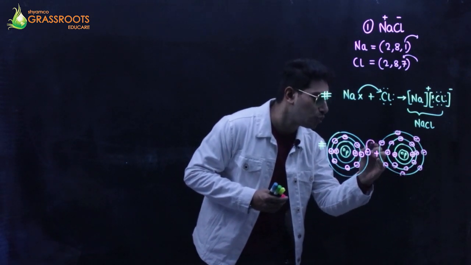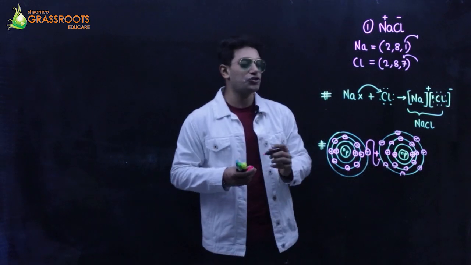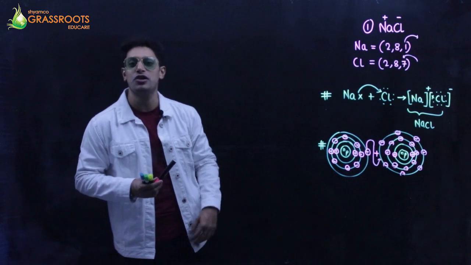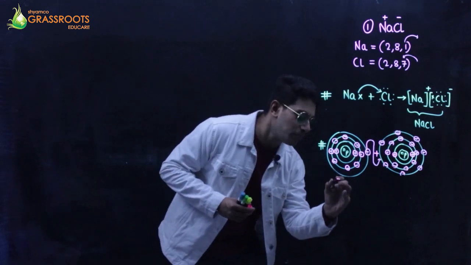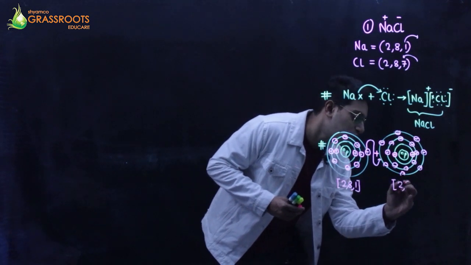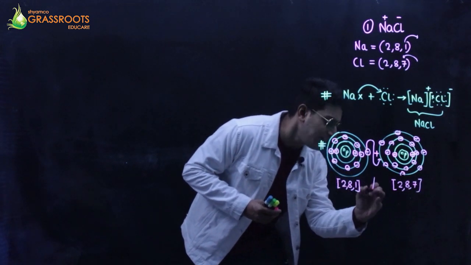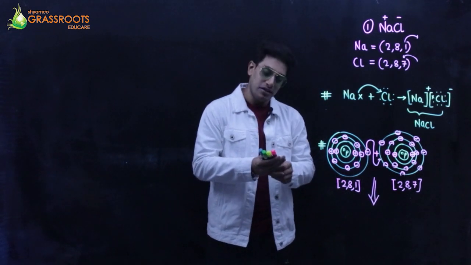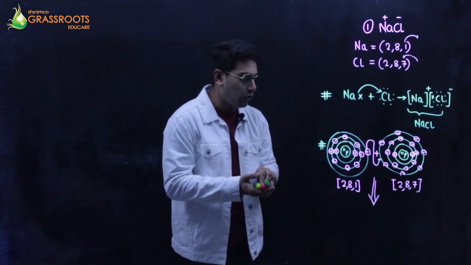Alright, and then you can show the transfer of an electron from the valence shell of sodium to the valence shell of chlorine. So I can say this is going to be 2, 8, 1 for the moment. This is going to be 2, 8, 7. And when they combine together, they form this.